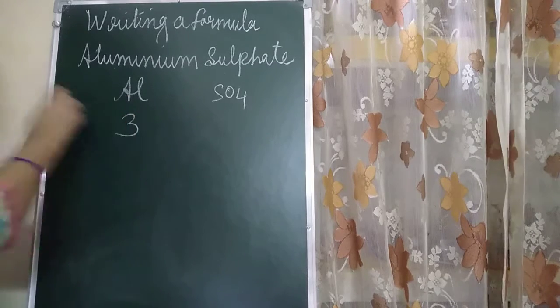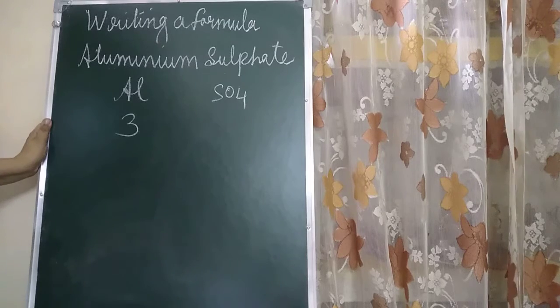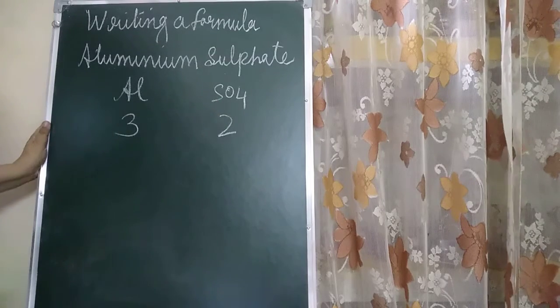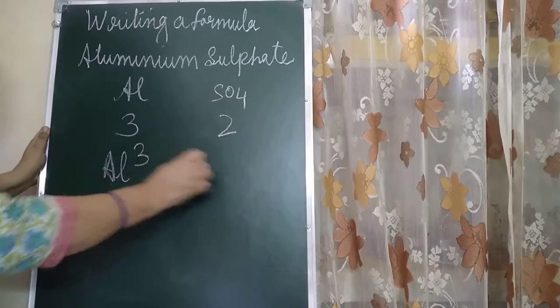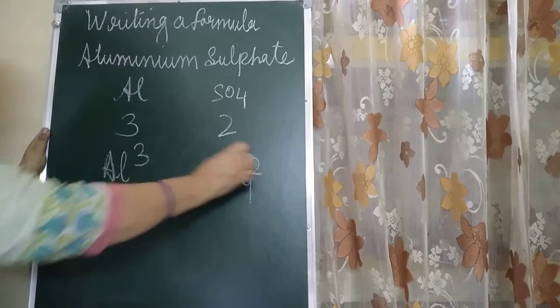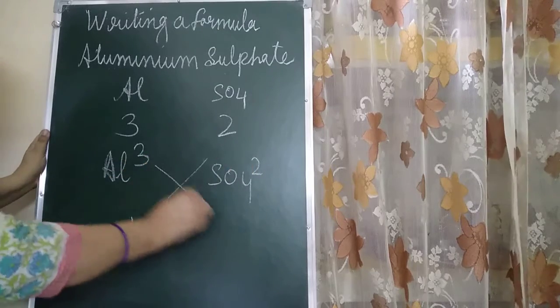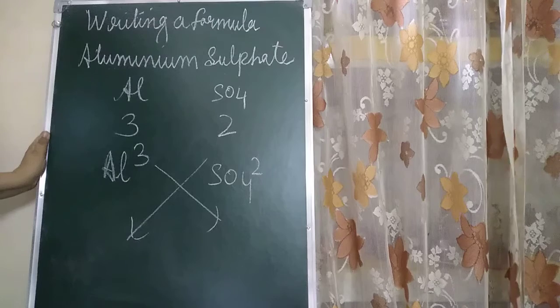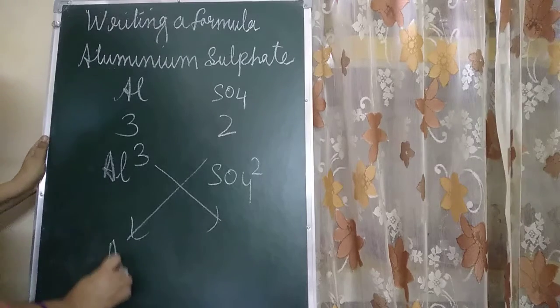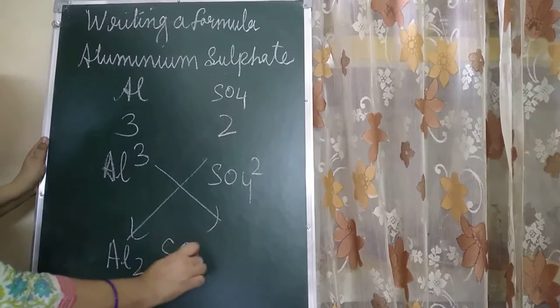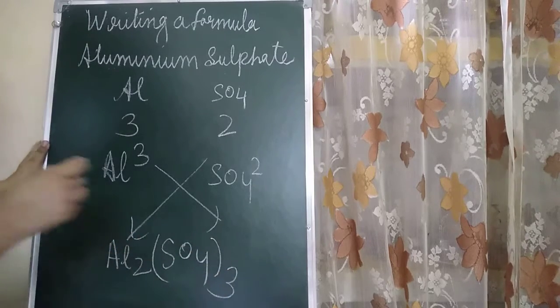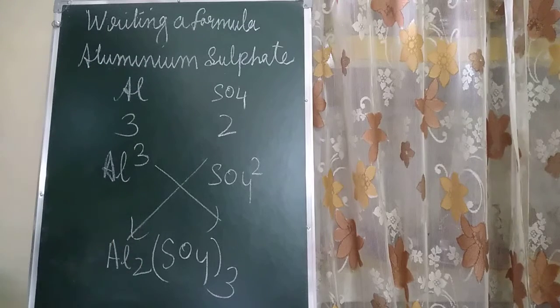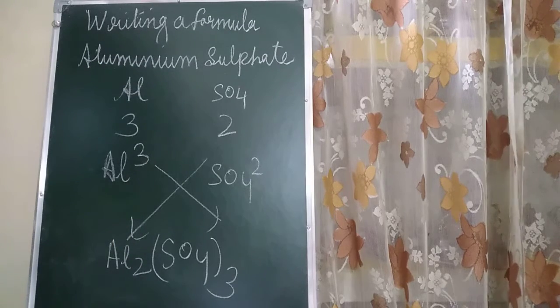That is 3, children, and the valency of the sulfate is 2. So Al3 SO4 2. Now you are interchanging it, children. So while interchanging, it will be Al2 SO4 3. So it is aluminium sulfate. This way we write the formula for aluminium sulfate.